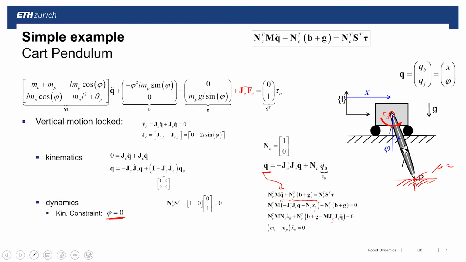So if I take this NC and multiply this G vector, I get 0 also. So this also cancels out. What is left in the end is this NC transposed M NC, which only selects this first component of the mass matrix. So that I end up with a reduced dynamics description, which only says the total mass of the cart and the pendulum times the acceleration in x direction must be 0.